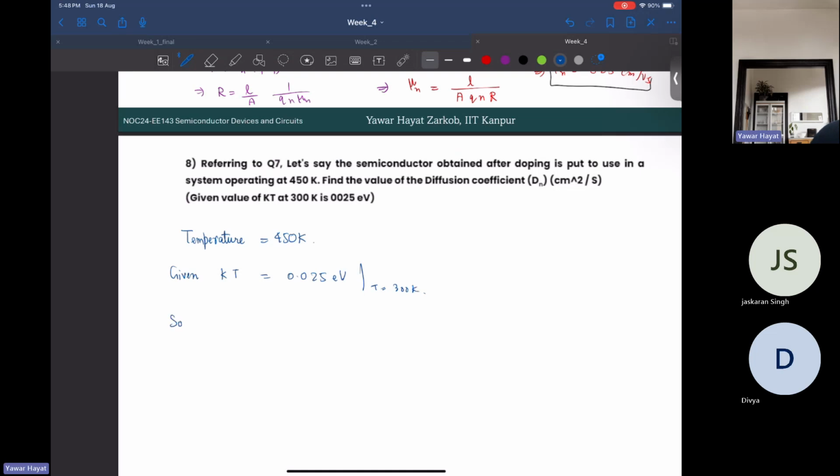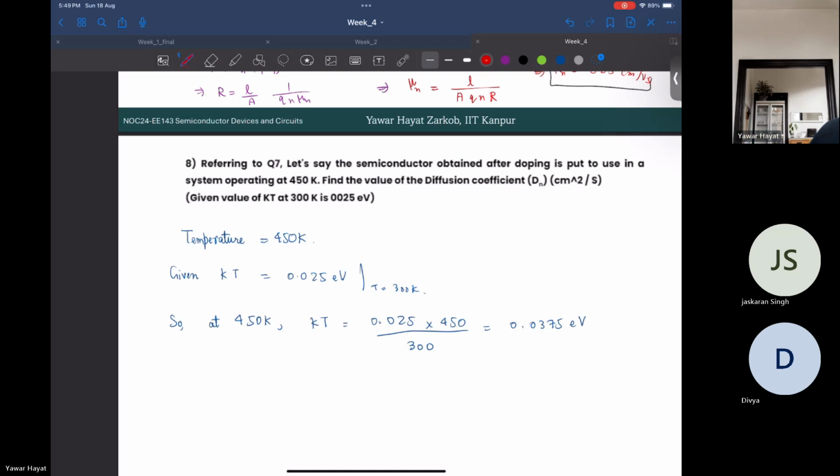So at 450 Kelvin, your kT is equal to, it's quite simple, 0.025 times 450 whole divided by 300. That is 0.0375 electron volt.